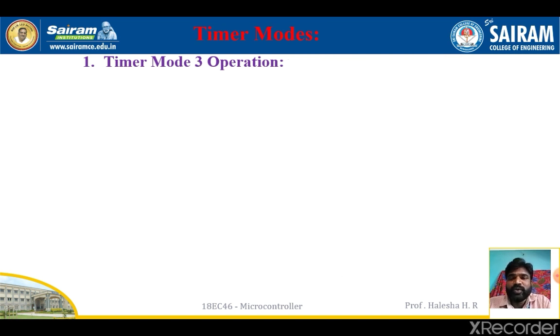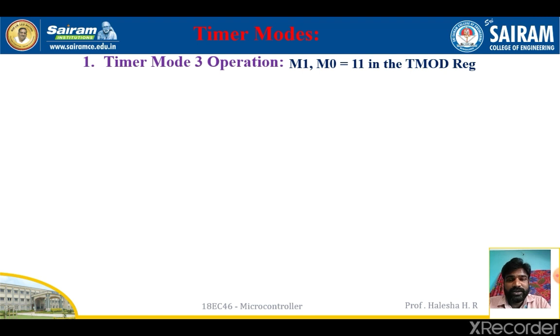So we'll see mode 3 operation. It is also called split timer mode, and this mode is selected when M1 and M0 are 11 in the T mode register. We call it split timer mode, meaning here only timer 0 is used, timer 1 is not used, and timer 0 is split into two 8-bit timers, TL0 and TH0.